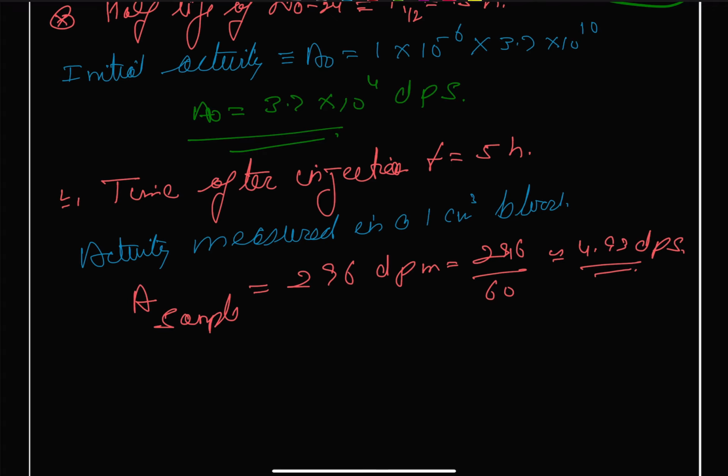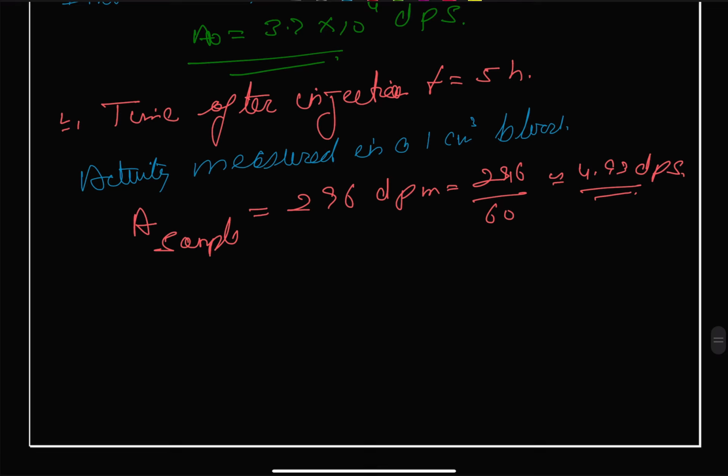And the standard formula, that is our decay law, we can use directly. It gives us that activity A will be equal to the initial activity times e raised to the power minus lambda t, where lambda is our decay constant.